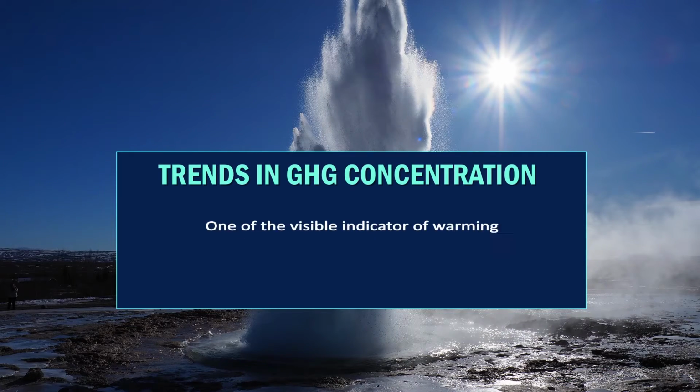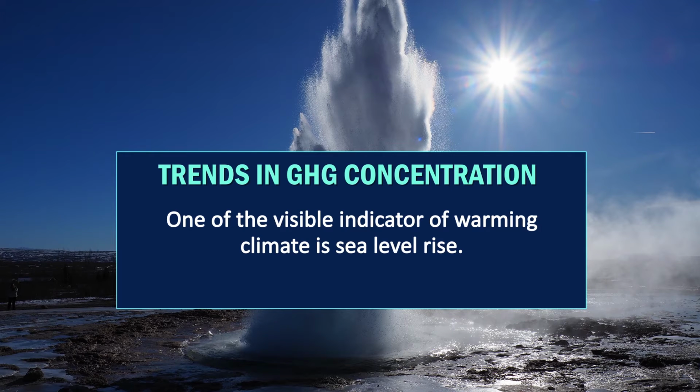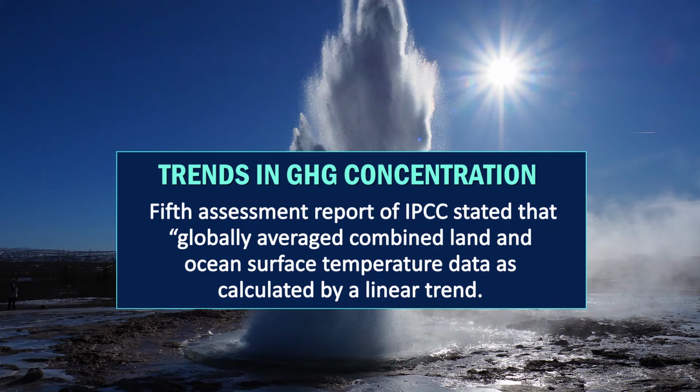One of the visible indicators of a warming climate is sea level rise. It's a visible symptom. The last report of the Intergovernmental Panel on Climate Change, the fifth assessment report, states categorically that the globally averaged combined land and ocean sea surface temperature data has been calculated, and it's showing a slow, gentle increase in the temperature.